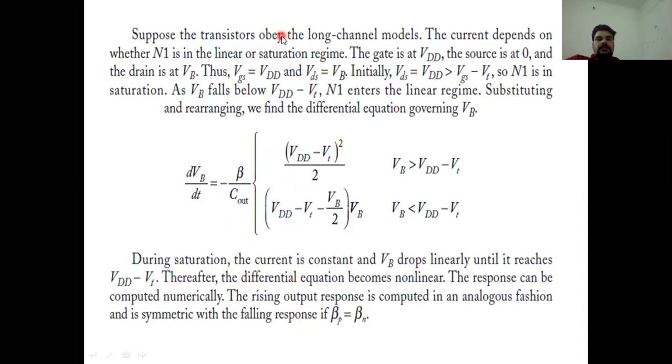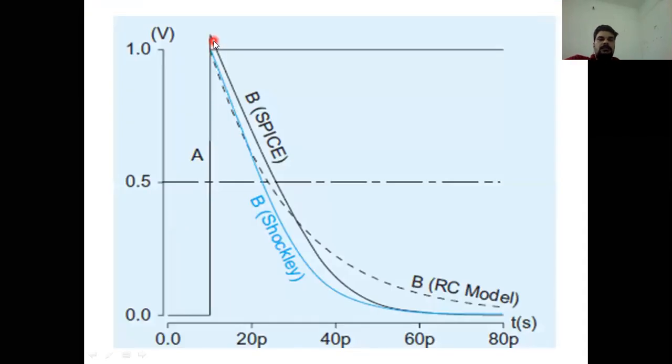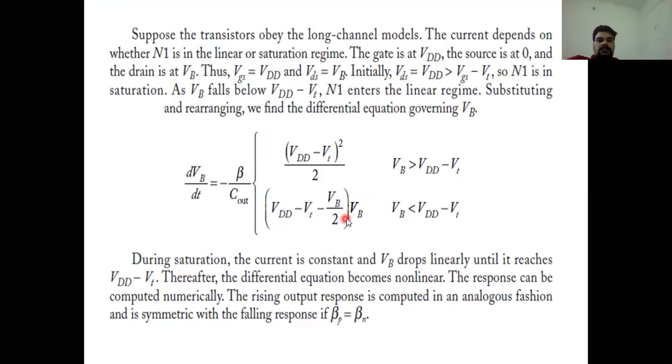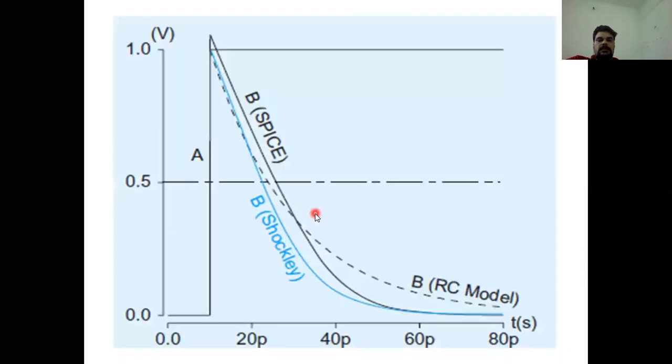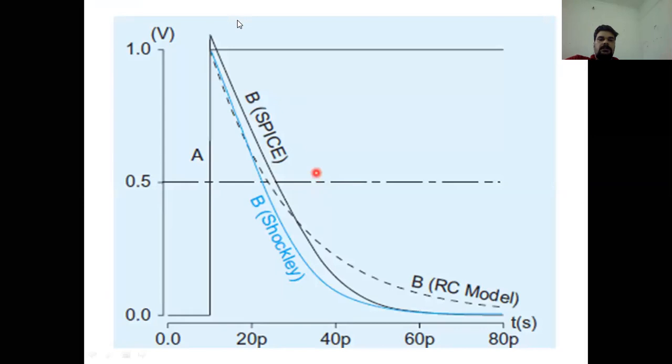Okay, so after that I will get a curve shape declination of the value of VB. So you can see here that first it is declining linearly, and then when the value of VB falls below VDD minus VT, it will decline in a curve shape. Okay, so this equation is governing this particular section, and this equation is governing this other section.